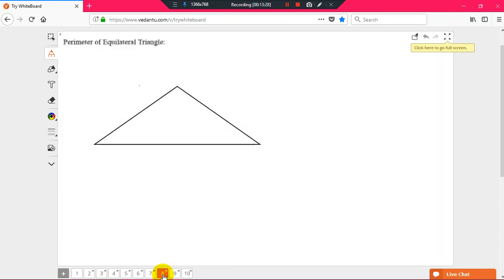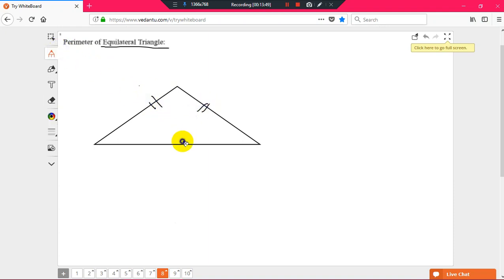Okay, next. Perimeter of an equilateral triangle. What is an equilateral triangle? An equilateral triangle means all the sides of the triangle are equal, like in this figure.